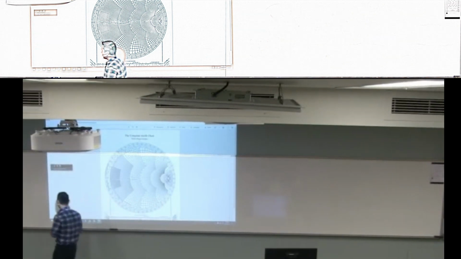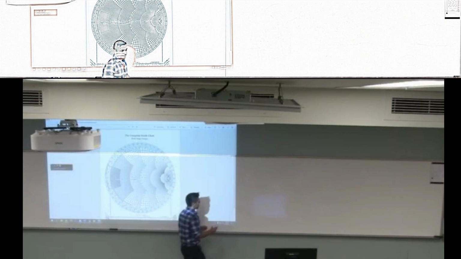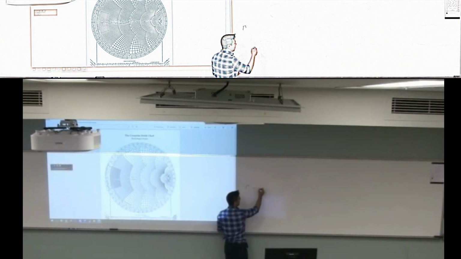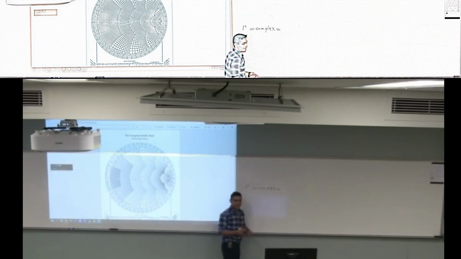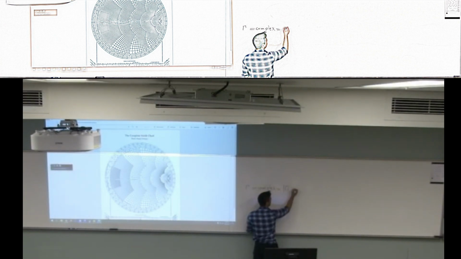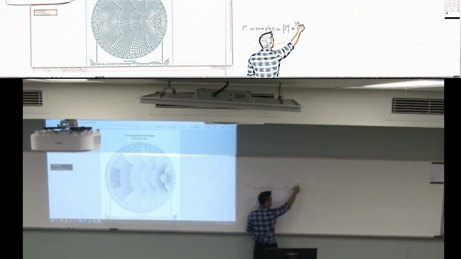So let's see what information the Smith chart gives and wants from us. In general, it's about gamma, the reflection coefficient. Gamma by itself is a complex number. That means it has a polar form in which you have the absolute value of gamma e to j theta r, the reflection theta.